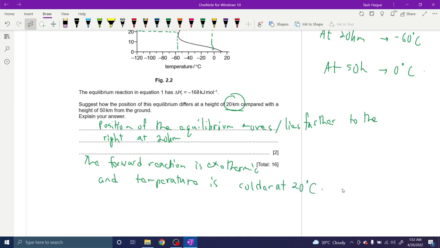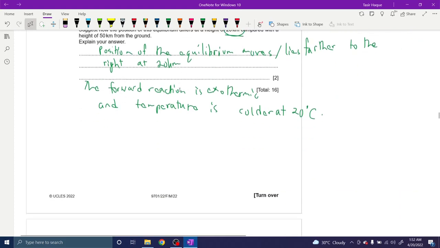You can also just say that due to the decrease in temperature, the equilibrium moves to the right. So the position of the equilibrium lies further to the right at 20 km compared to 50 km. Why? Because at 20 km the temperature is lower, or there is a decrease in temperature, and the forward reaction is exothermic. That's what you need to write. Okay.